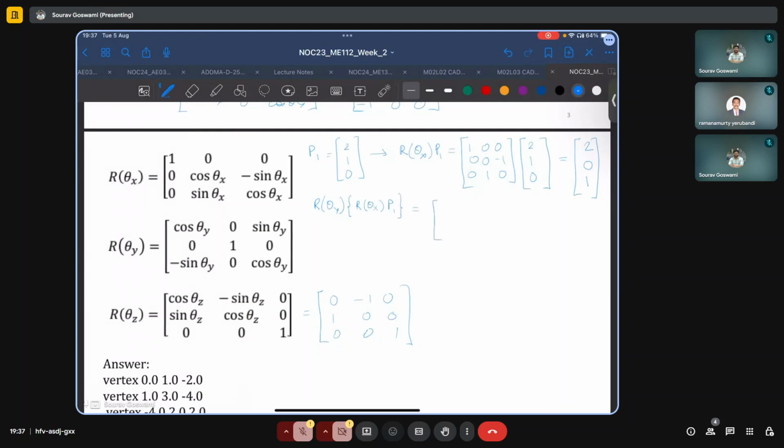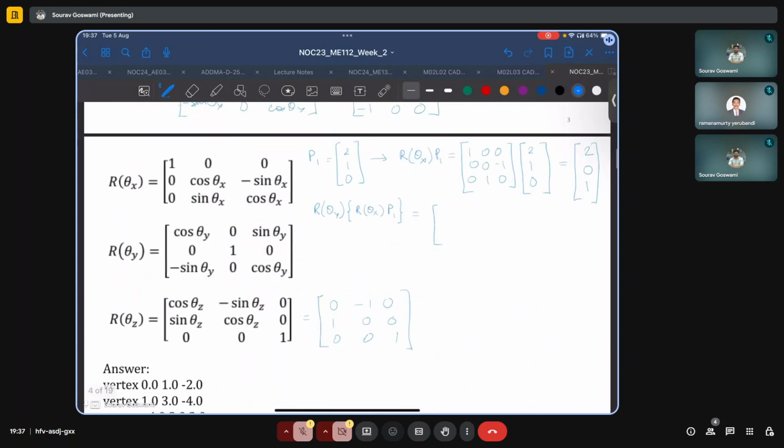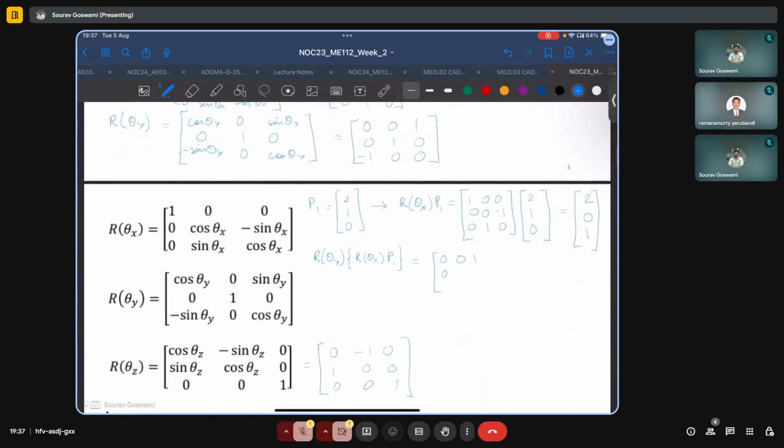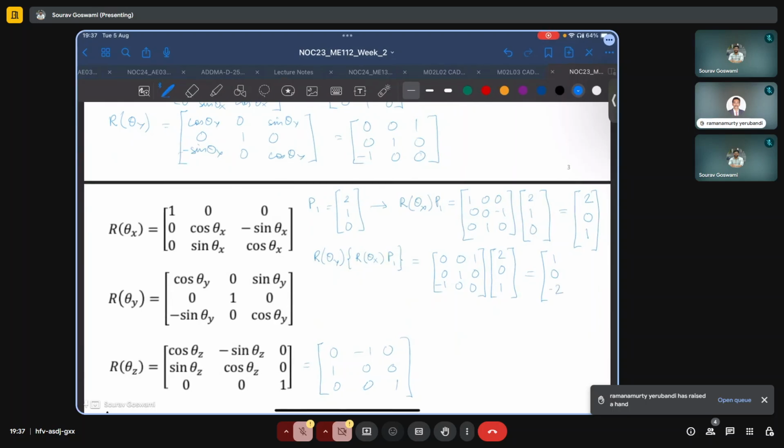This will be 0 0 1, 0 1 0, minus 1 0 0, times 2 0 1. This will come out to be 2 times 0 plus 0 times 0 plus 1 times 1 is 1. 2 times 0 plus 0 times 1 plus 0 times 1 is 0. And 2 times minus 1 plus 0 plus 0 is minus 2.